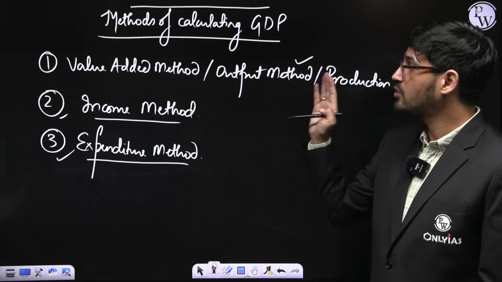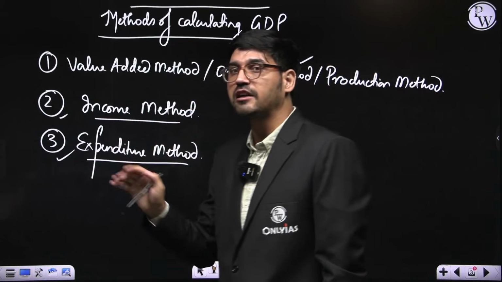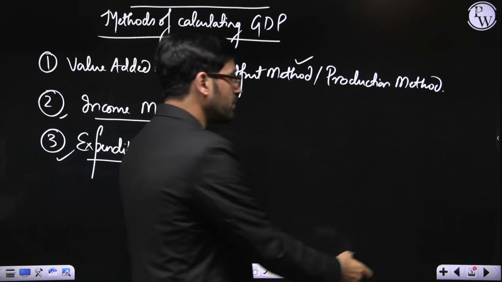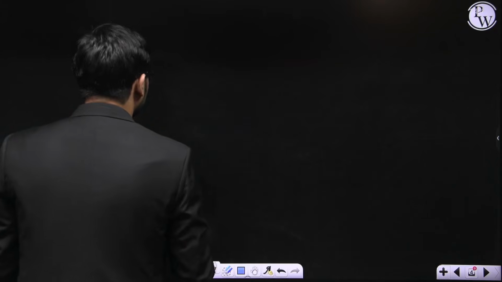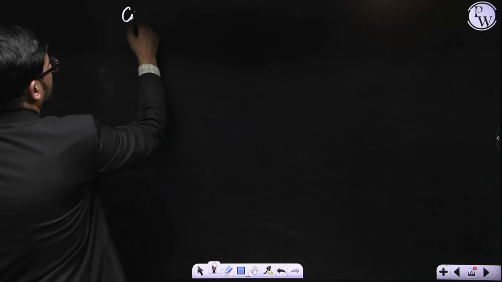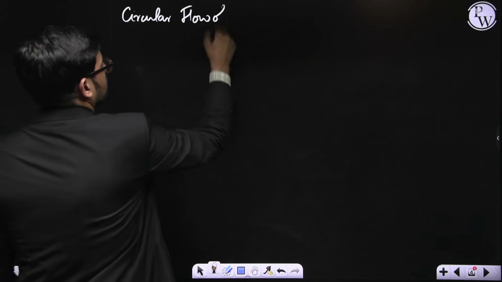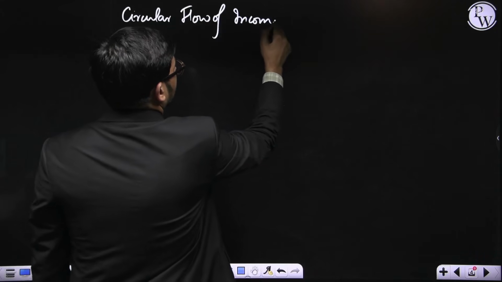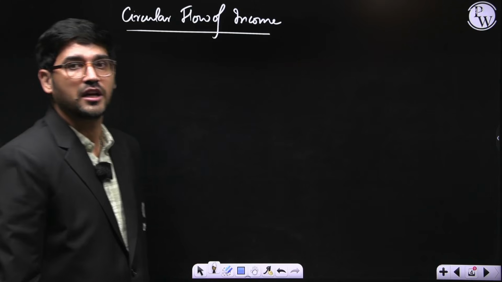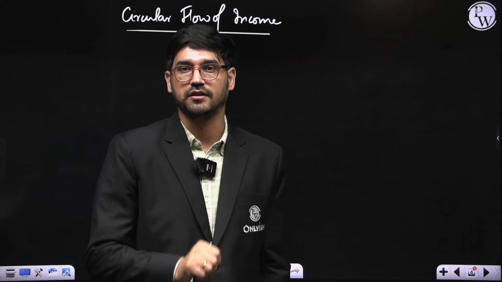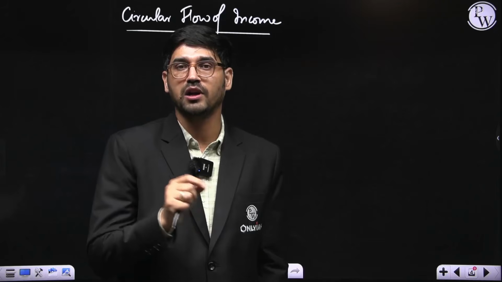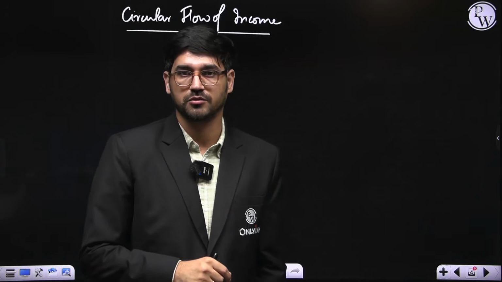For us to have a good grip on the three methods of calculation of GDP, we have to be a little thorough with what is called circular flow of income. Any economy can be divided into four sectors, and we have to understand the role and importance of each of these four sectors.